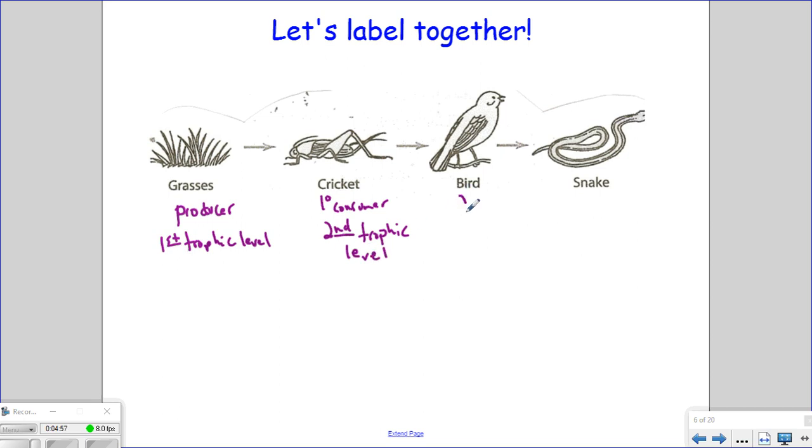The bird would be our secondary consumer, and our third trophic level. And then the snake would be our tertiary consumer and would make up our fourth trophic level.